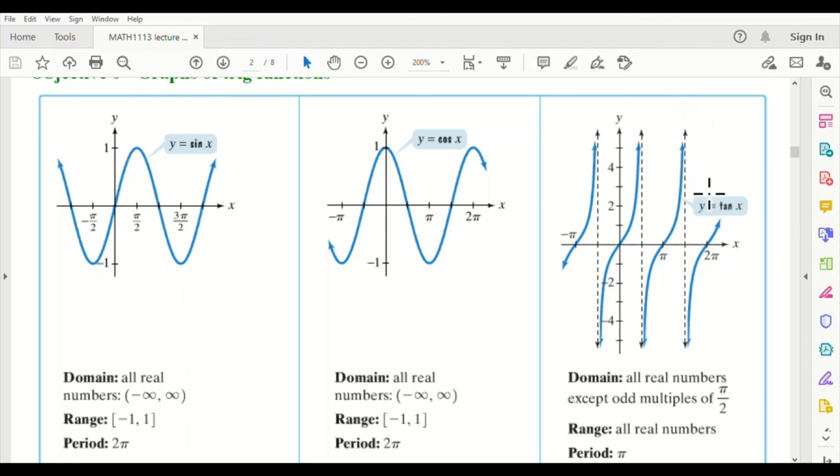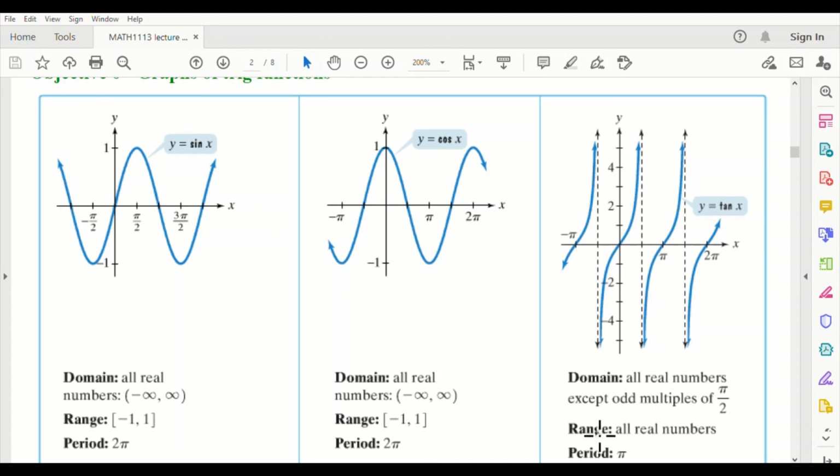And then it comes back down right here. So the domain is all the numbers except multiples of pi over 2. So 1 pi over 2, 3 pi over 2, 5 pi over 2. That's why it says odd multiples.